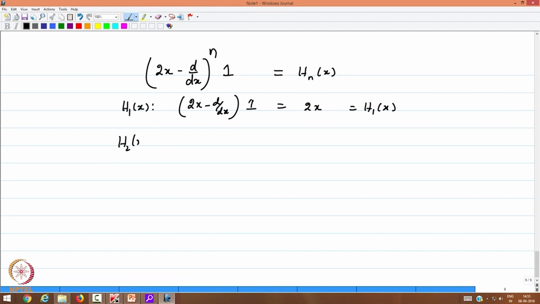H2 of x is basically 2x minus d by dx operating on 2x minus d by dx on 1. Remember, n is 2. Therefore, when you have operators like this with the raised to power, it means essentially operating them one after the other. So, here you know that this will give you 2x from the previous result.